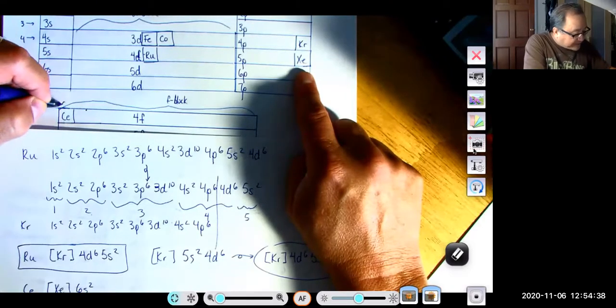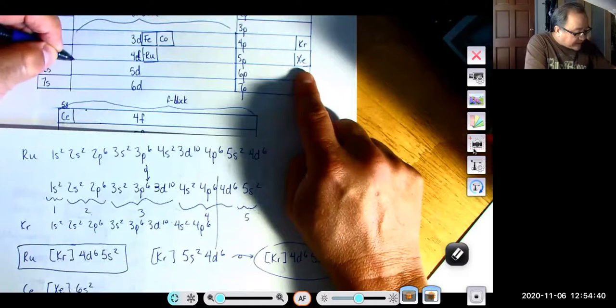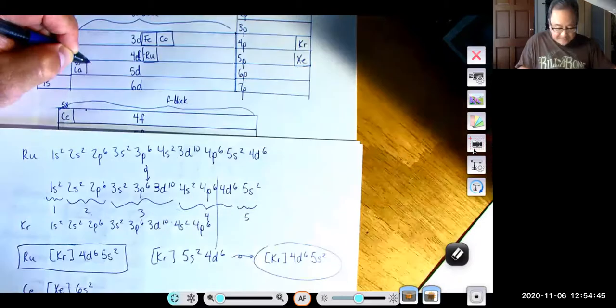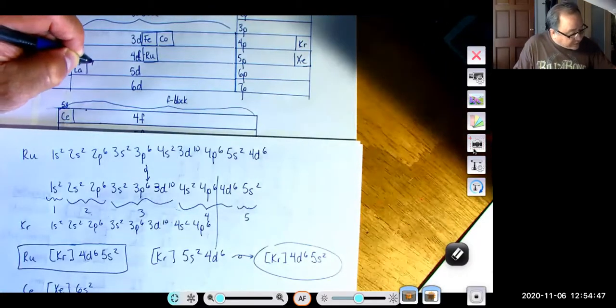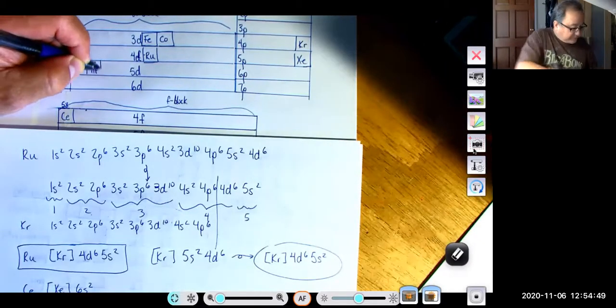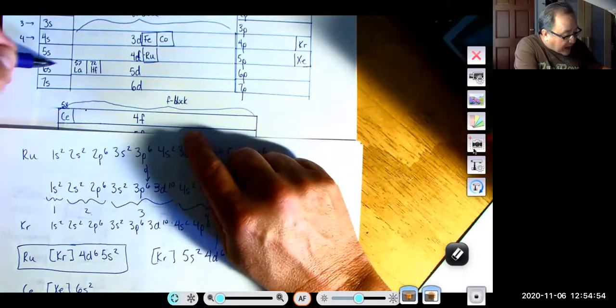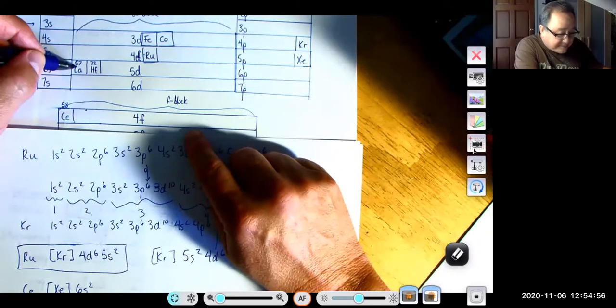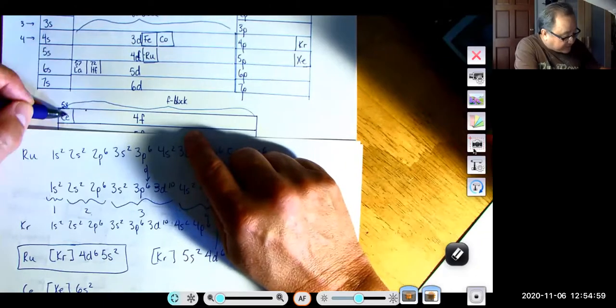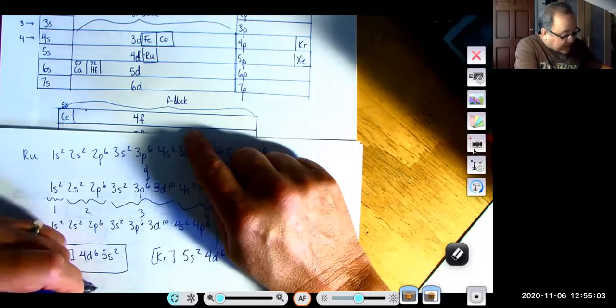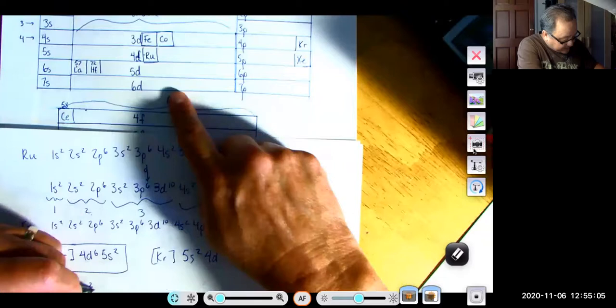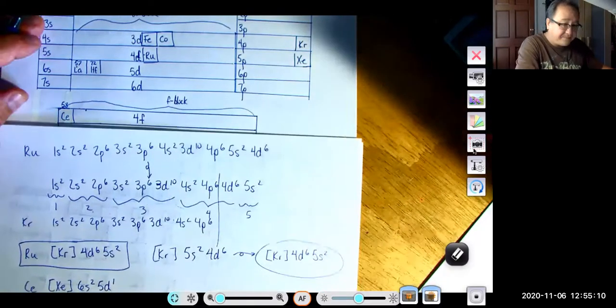But cerium is 58. This one is 57, lanthanum, and this one is 72, hafnium. So the pathway to cerium doesn't go through hafnium; it goes through lanthanum and then down to cerium. Since lanthanum is in the 5d and it's the first element in the 5d, we say 5d1.